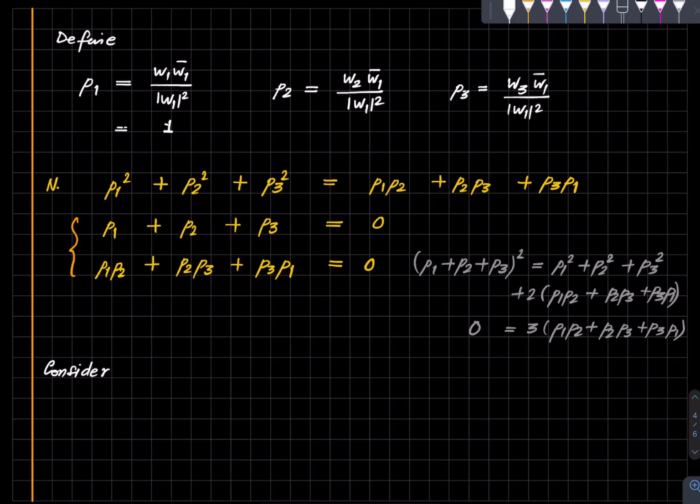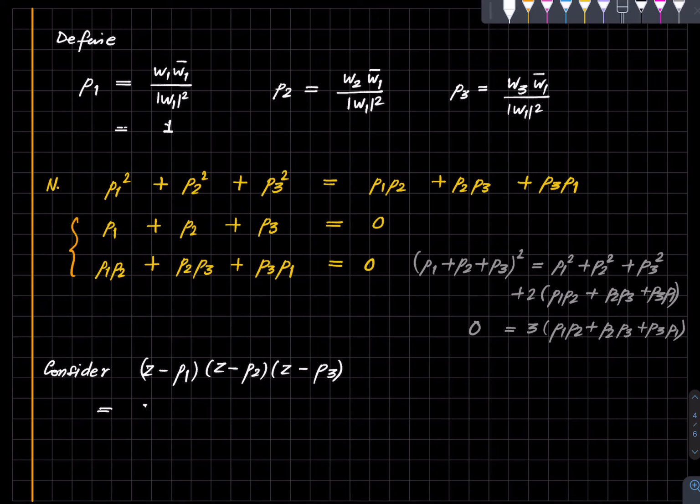the polynomial z minus p1, z minus p2, z minus p3. Z is some variable complex number, you can think of it that way. So consider this expression, and what is this?